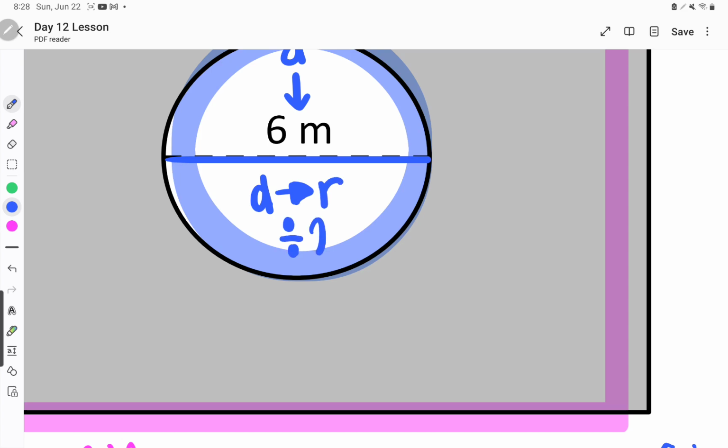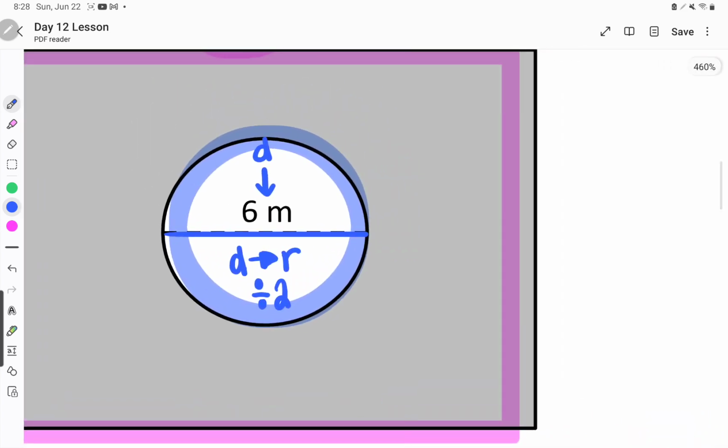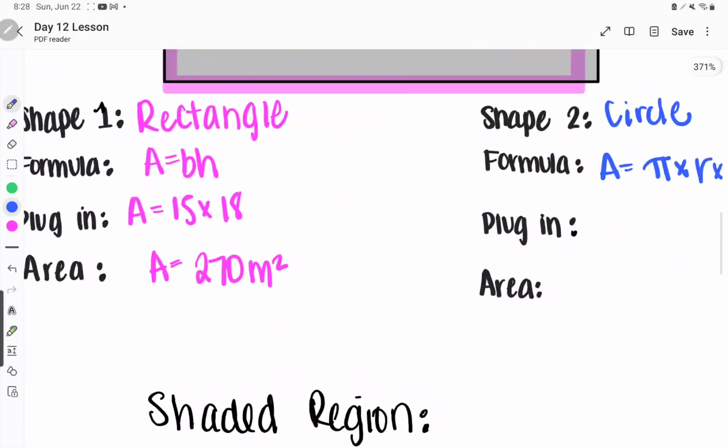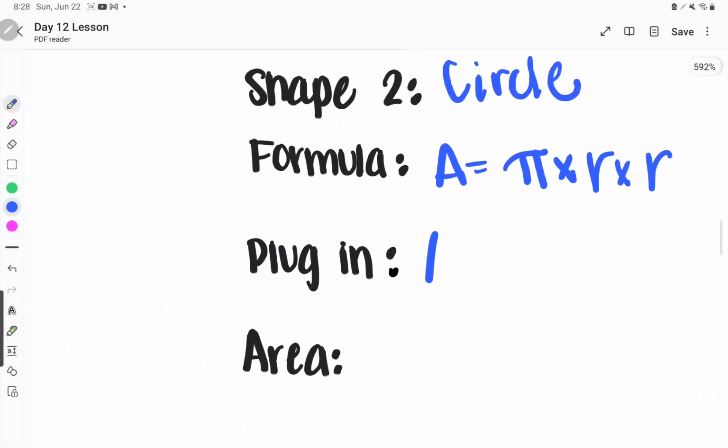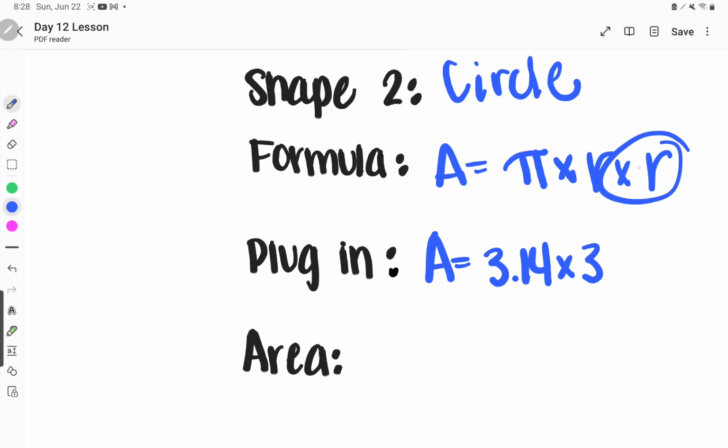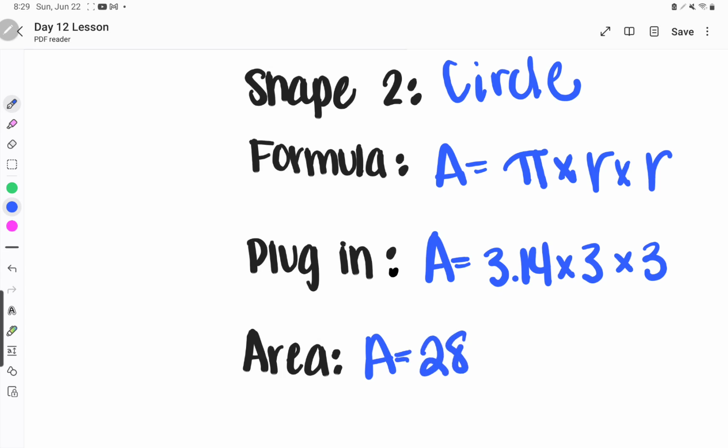I divide by 2. So I take 6, divide by 2, and that gives me a radius of 3. All right, so now I plug it in. Area equals pi, which is 3.14, times our radius, which is 3, times our radius, which is 3. And that's going to give us an area of 28.26 meters squared.